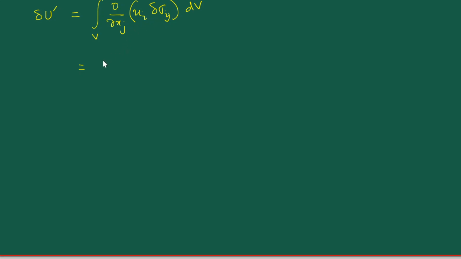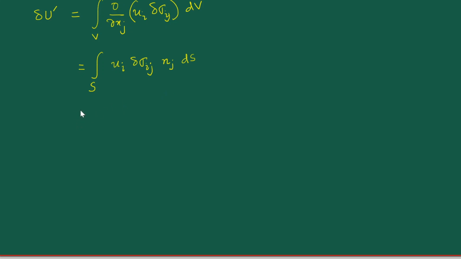So in the next step we can use the Gauss divergence theorem to convert this into a surface integral. And mind you that this is over the entire surface consisting of S1 and S2. So this is going to be ui delta sigma ij nj.